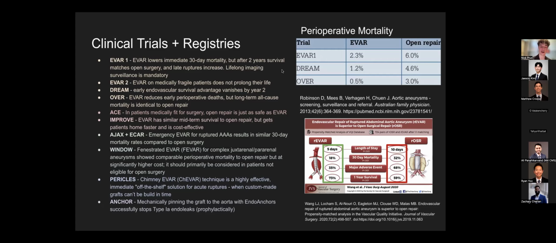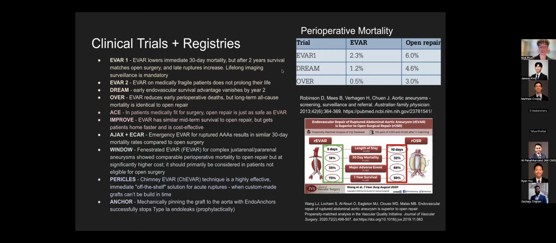But WINDOW showed that FEVAR showed comparable perioperative mortality to open repair, but at significantly higher costs. Once again, I mentioned that some of these have to be custom made. And since they're custom made, I think they take around 4 to 6 weeks to be made. So if a patient requires urgent surgery, FEVARs should not be considered if they have to be custom made.